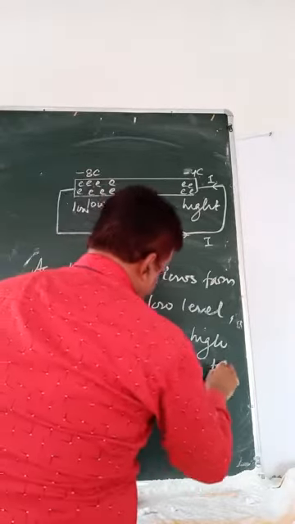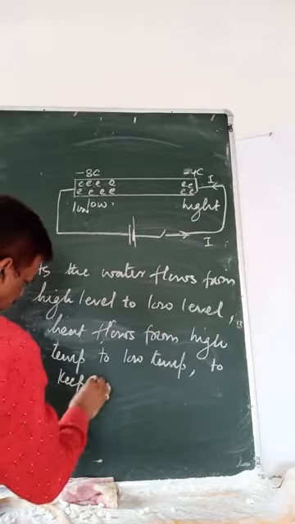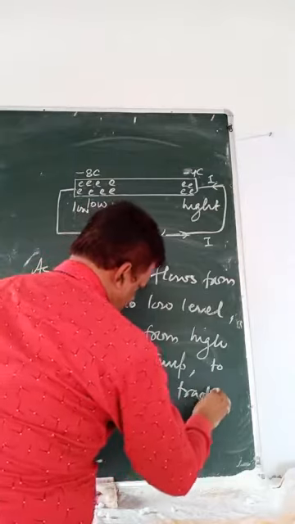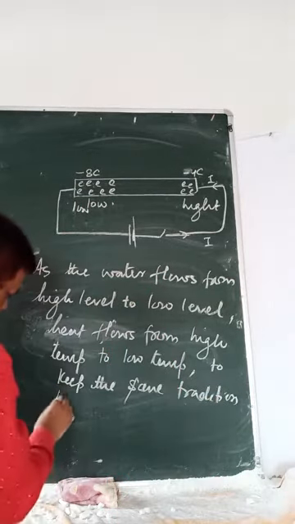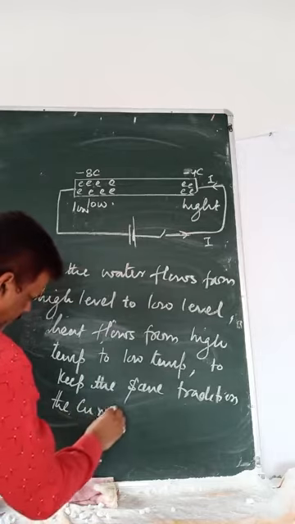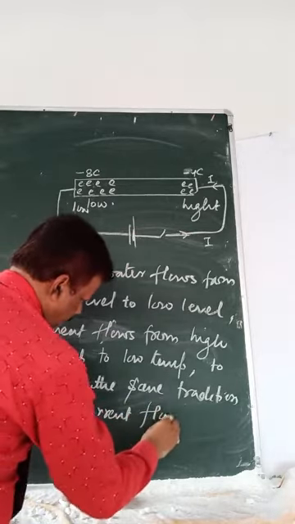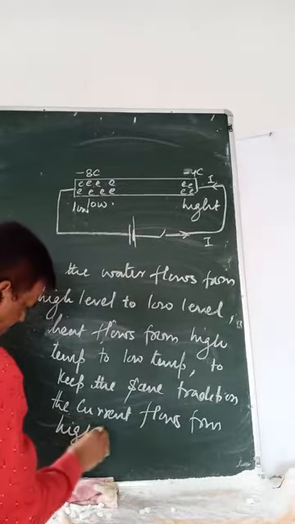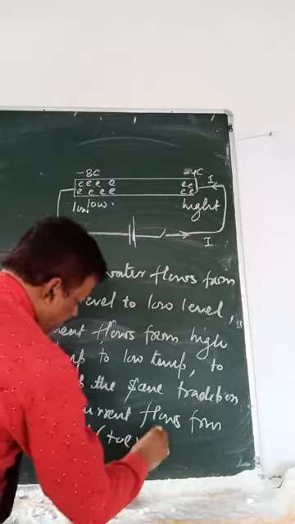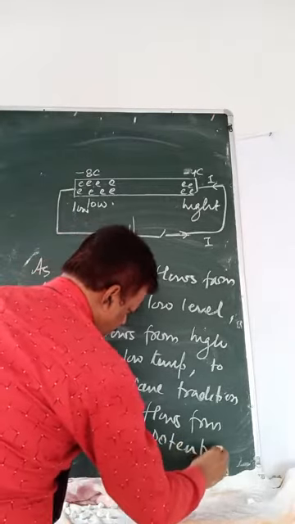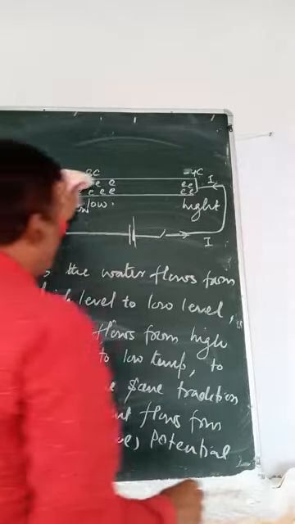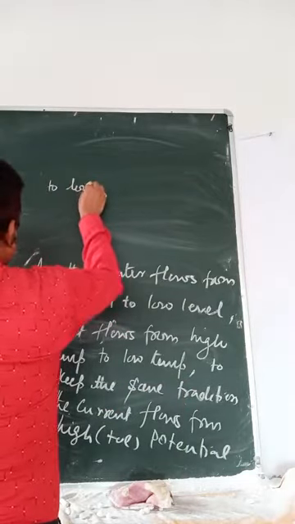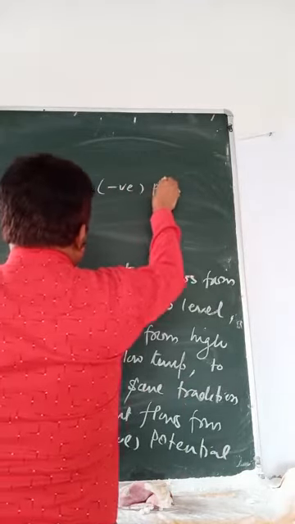To keep the same tradition, the current flows from high, means positive potential, to low, that is negative potential.